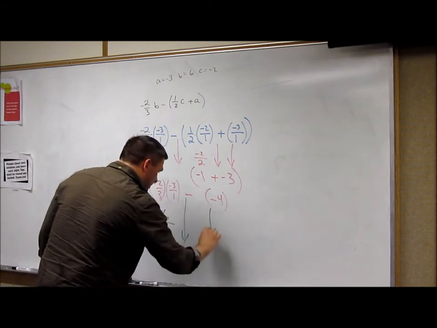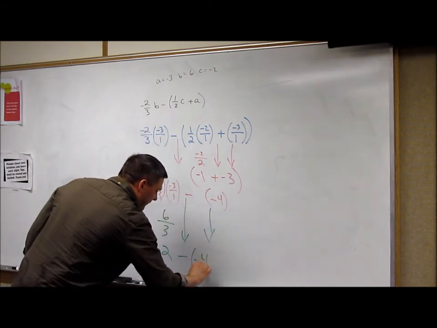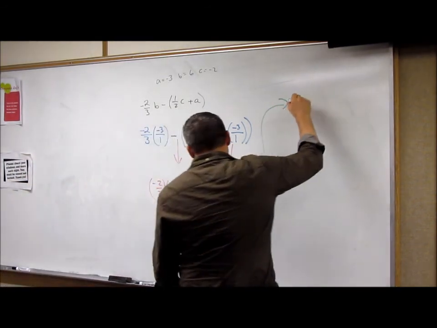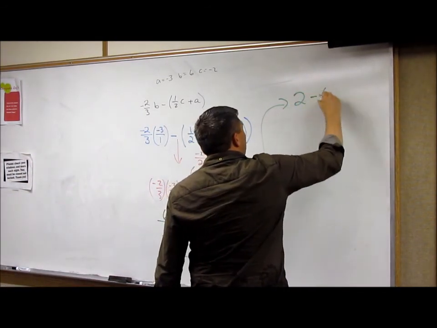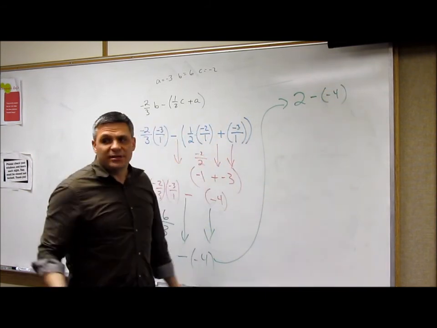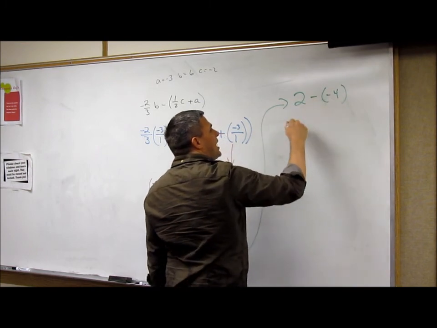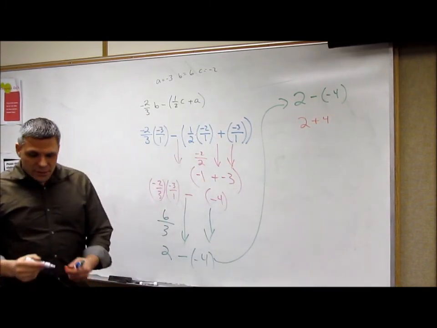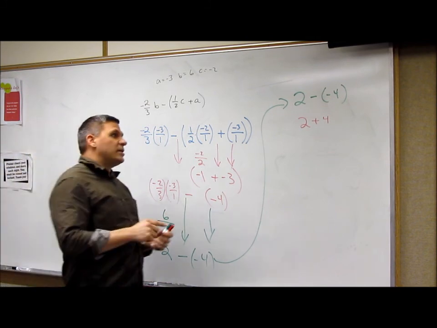Minus, bring this down. A -4. So I'm going to bring this up here. 2 minus a -4. And then I'm going to say, okay, what happens here is I got 2 negatives. That makes a positive. So what is 2 plus 4?